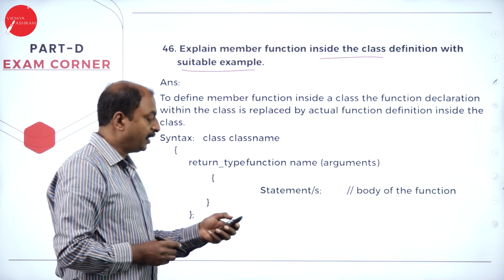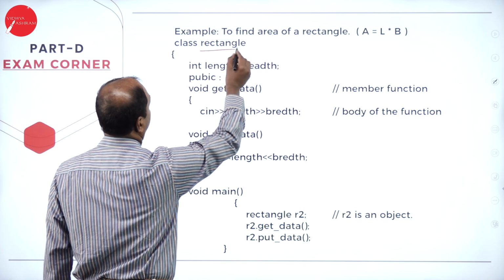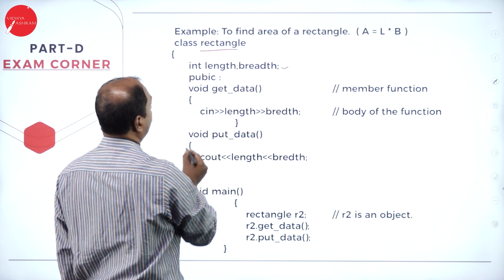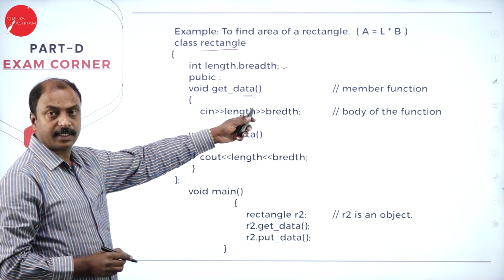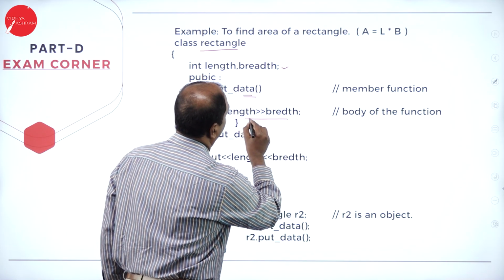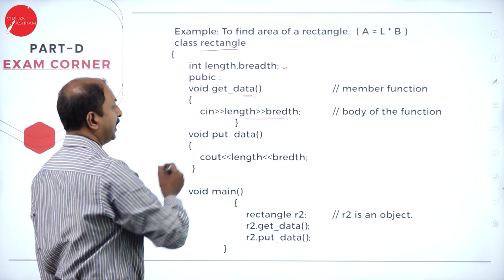This is the syntax. Now look at the example program here. So class rectangle, declaration of variables length and breadth. Under public, we have the getData function. So it's the member function getData, and this is the function definition inside the class.